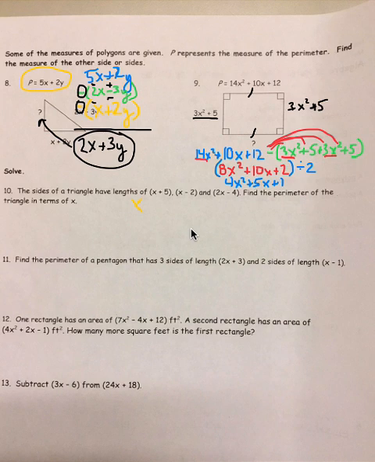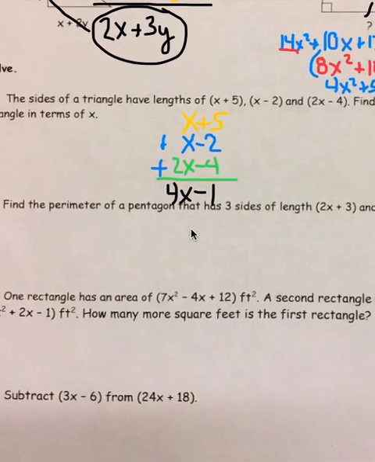So I'm just going to do x plus 5 plus x minus 2 plus 2x minus 4 equals. And so when you're adding, you don't have to change the signs. So this equals 4x, and then 5 minus 2 minus 4, so we get 4x minus 1.